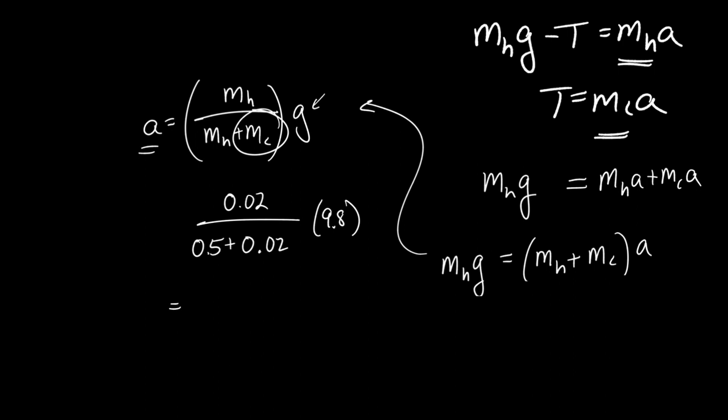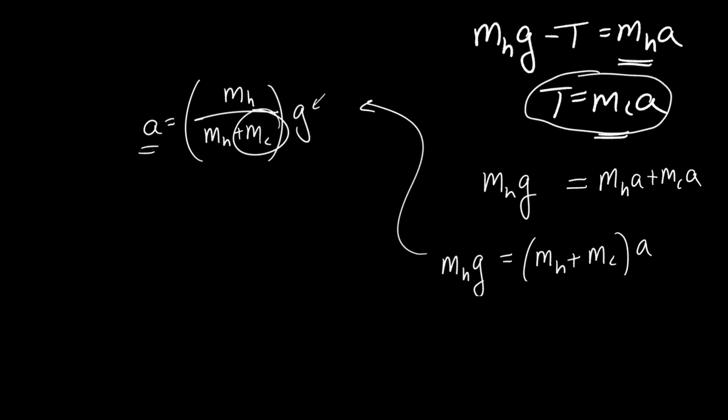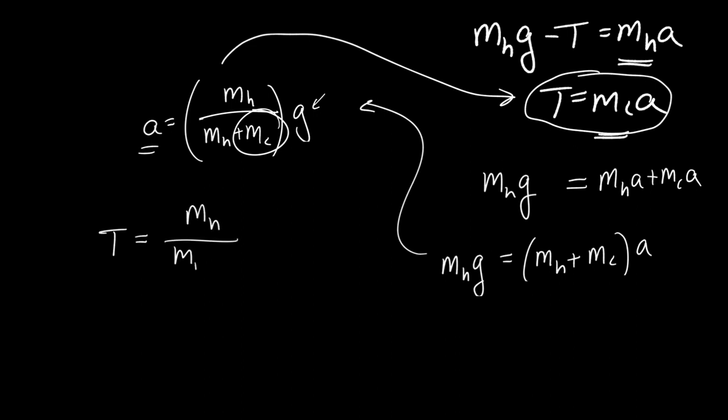I have one more observation to make, and that is we could figure out what the tension's supposed to be, can't we? I could plug this back in and figure out an expression for the tension that has to do with the masses. I want to do that next. So tension equals mH over mH plus mc times G, all times mc. I put the A first. I know I shouldn't have.